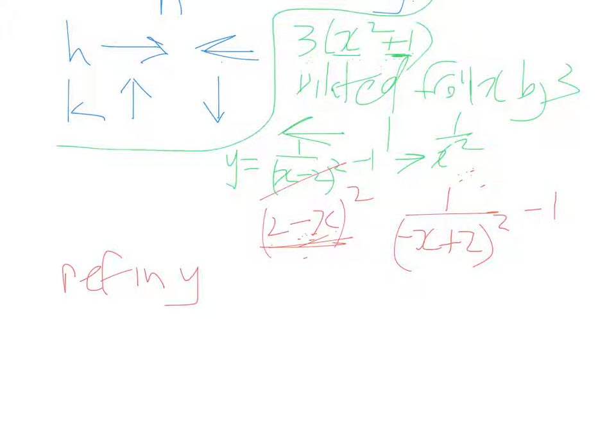So what ends up happening with this, we've got a translation 2 to the left because of that. Then we've got a reflection in y, and then this brings it down by 1. And that's what we've got going on there. So those are our transformations for that one.